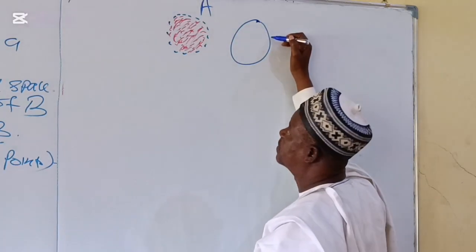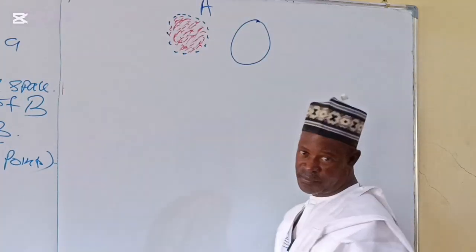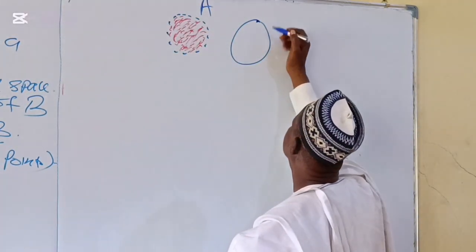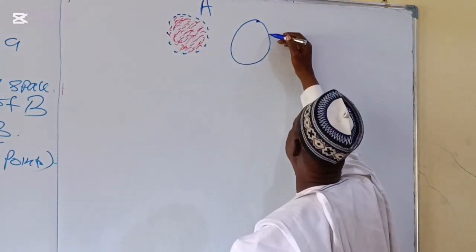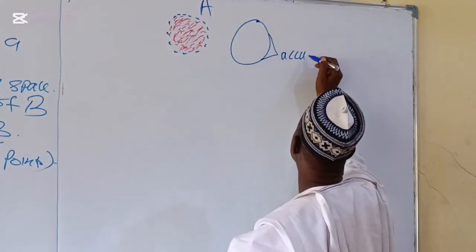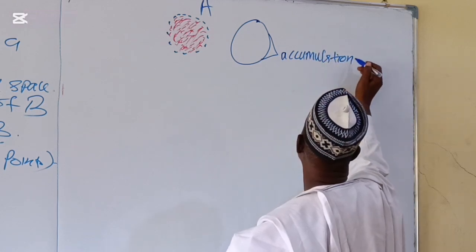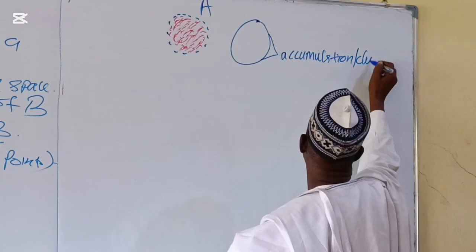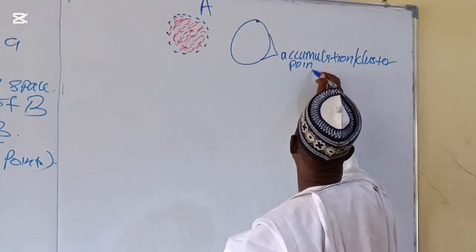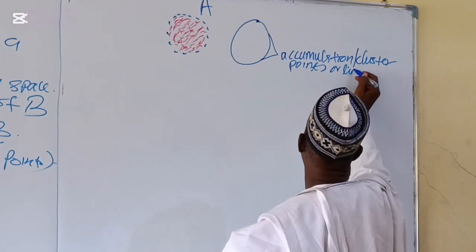These points that make up the boundary are now the limit points also. They are accumulation points or cluster points or limit points.